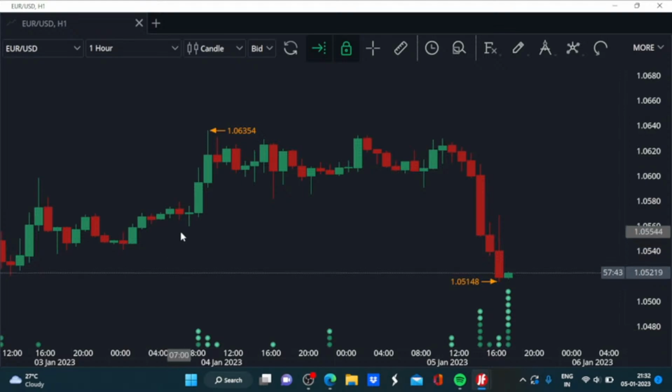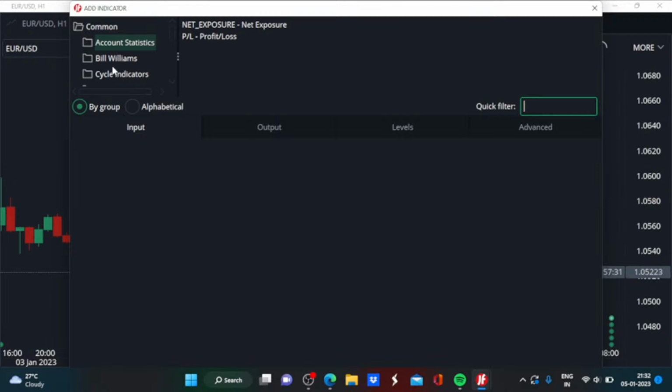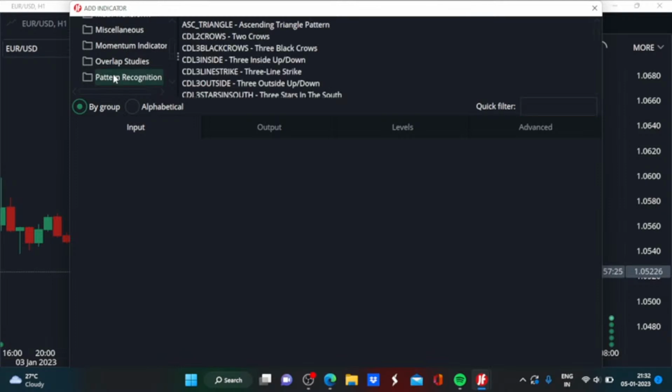This is the Euro USD chart with the candle period defined at hourly. For finding the engulfing pattern, you get these two options, add indicator or quick search. If you want to know where this pattern recognition is, here it is.